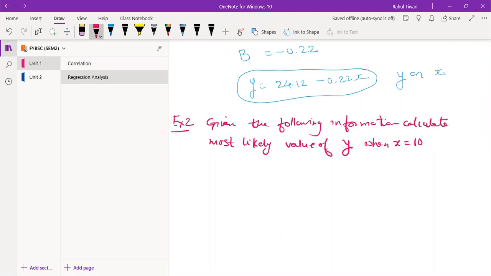I am interested in the most likely value of y when x is 10, मतलब y on x. Understanding the question is very important. Try to understand the question.